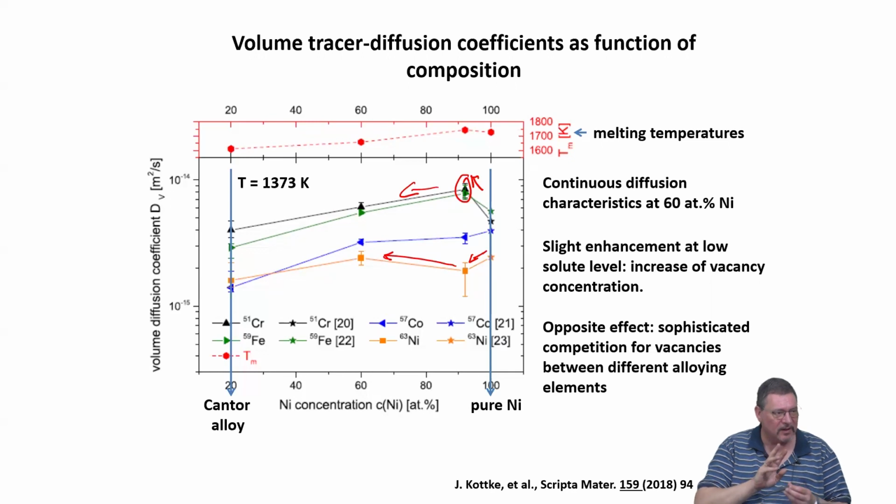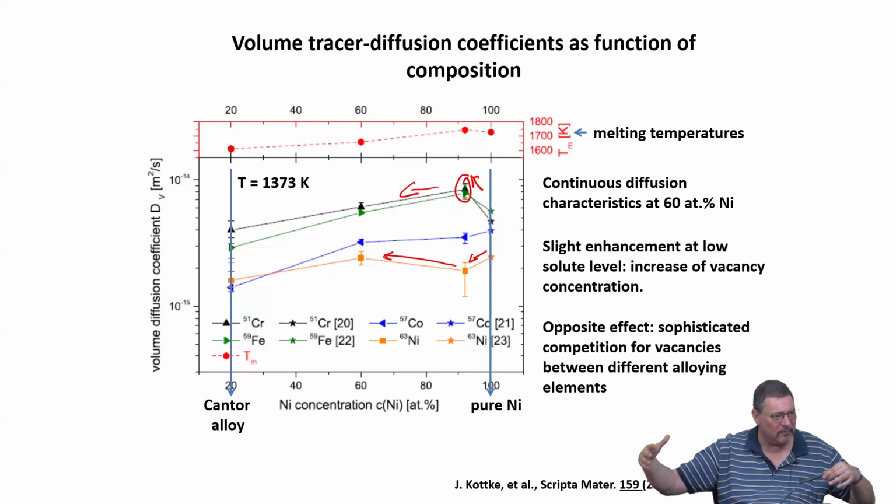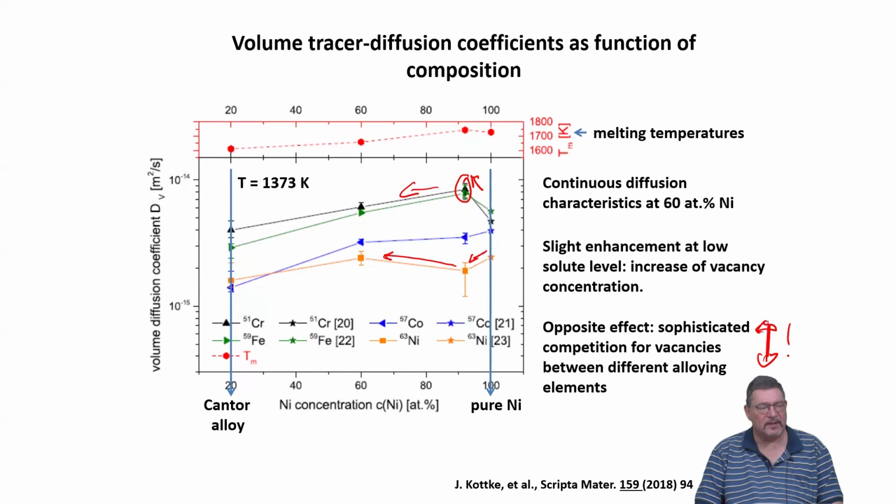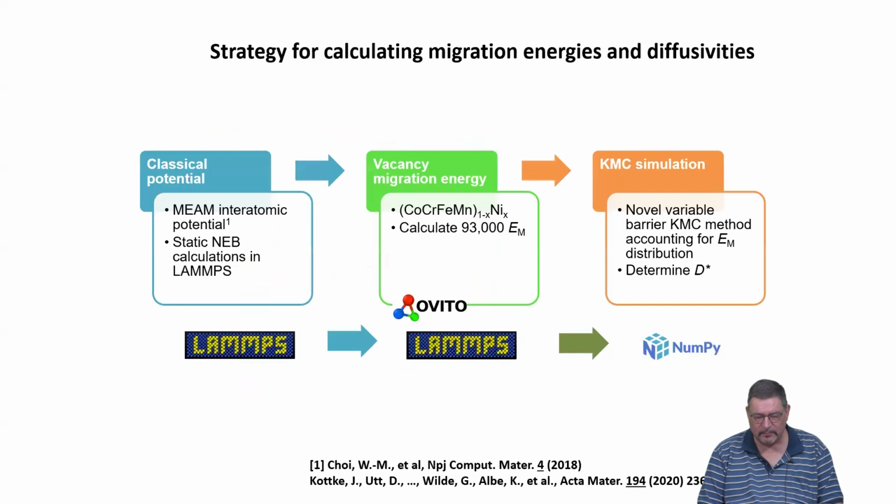And so it means they get disparate behavior initially, but then when you keep adding more and more solute, then you level out, then it's getting more like an effective interaction behavior. And so it doesn't matter so much anymore how the different constituents interact with vacancies. So, yes, the opposing effect is a sophisticated competition for vacancies between the different alloying elements.